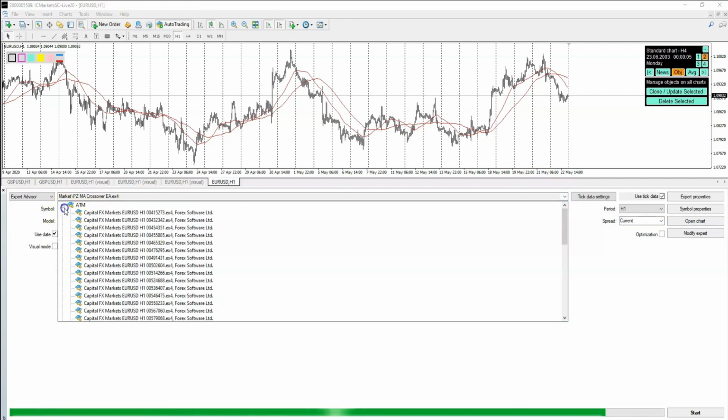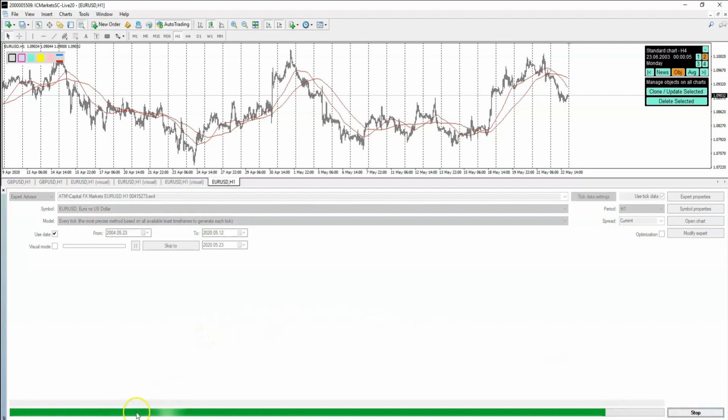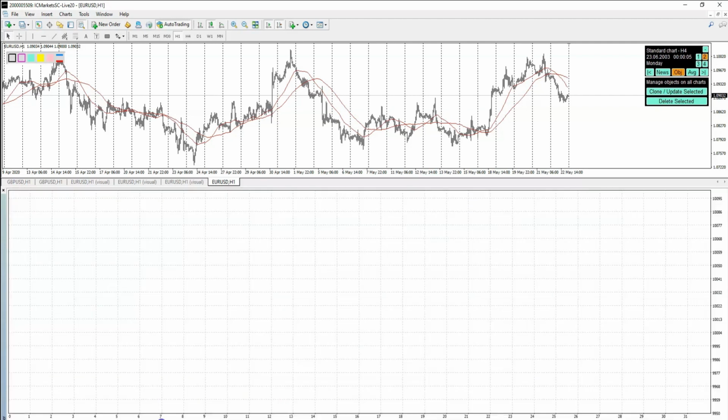I will use ATM, the top one, and start. I'll leave this to complete, so at the end we can see what it's done from 2004 all the way through to now, without it blowing an account at the very last minute.